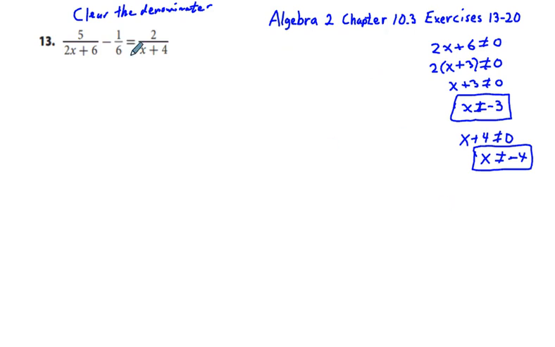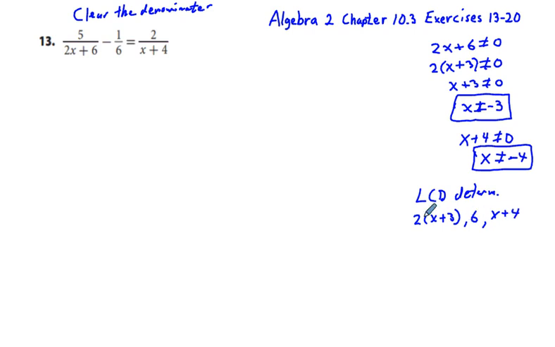Now, the next thing I'm going to do is look for the least common denominator. So I'll put LCD determination. Okay, so that's going to be, already we have 2 times quantity x plus 3. We also have 6, and we also have on the right one x plus 4.